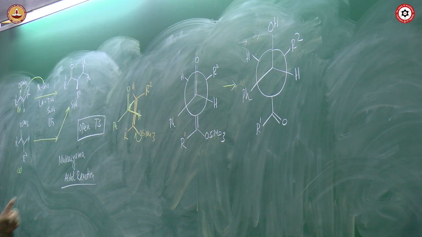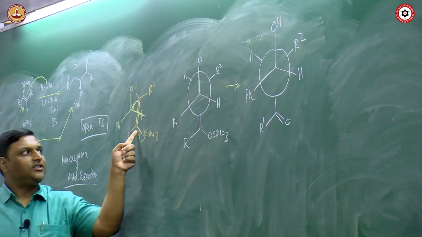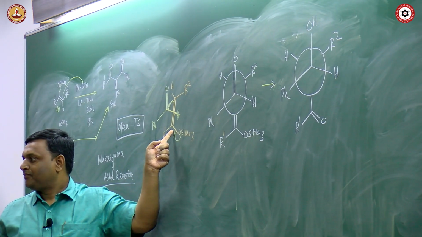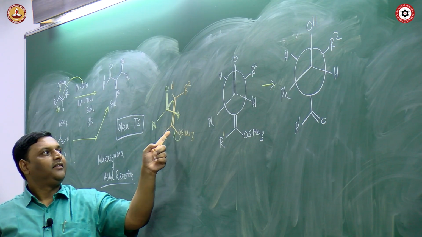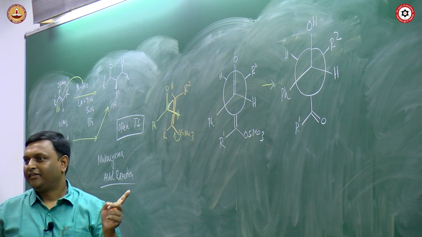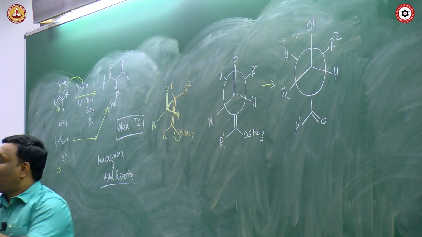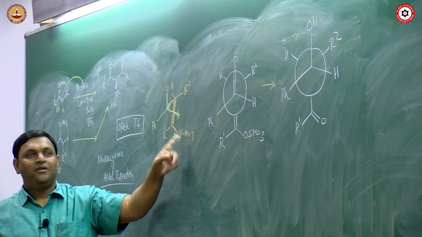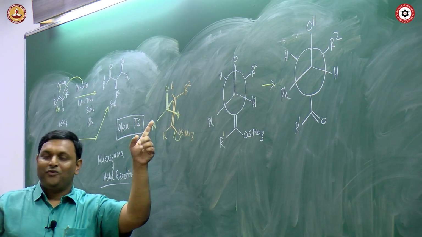Now, which face of the silyl ether is actually reacting? I can draw another one also. Right now, this is also cis, but you can rotate the other way also, where these two would be the other way.